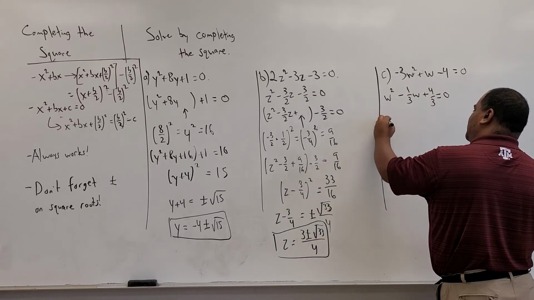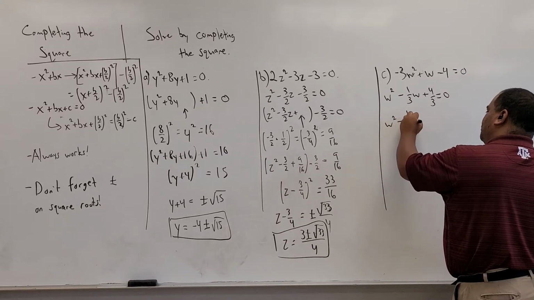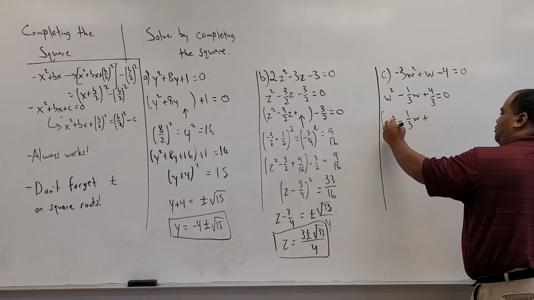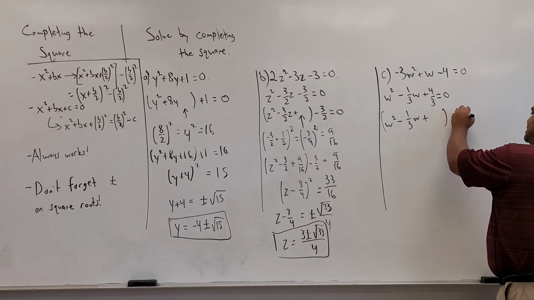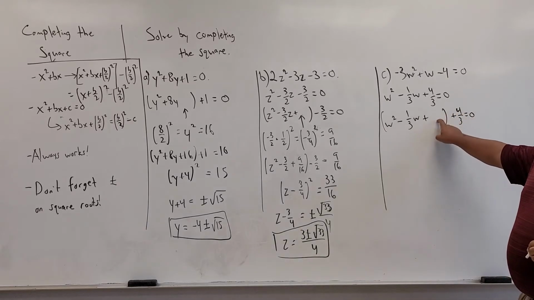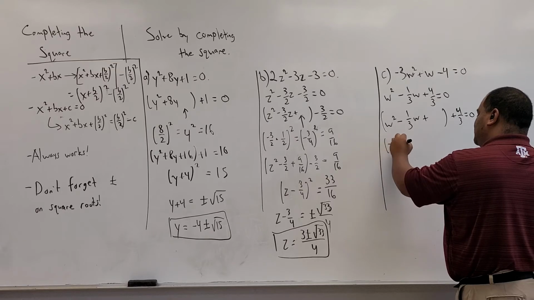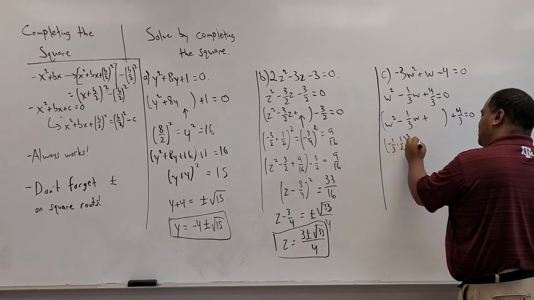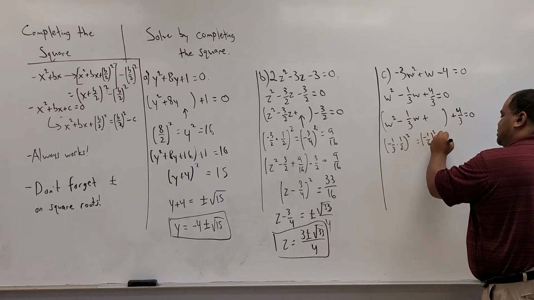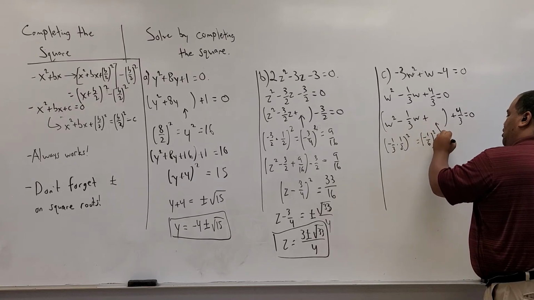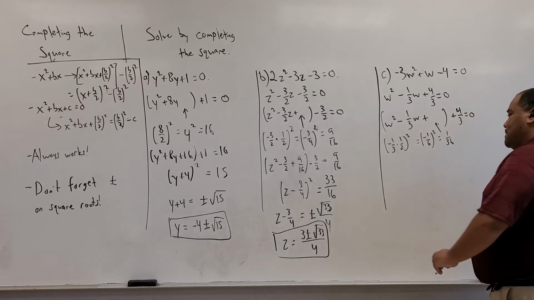Okay, so this becomes w squared minus 1/3 w plus something, we'll figure that out in a second, plus 4 over 3 equals 0. And in this space, again, we will look at minus 1/3 times a half squared. A third times a half is a sixth, and minus 1/6 squared is 1 over 36. So let's go ahead and add that to both sides right now.